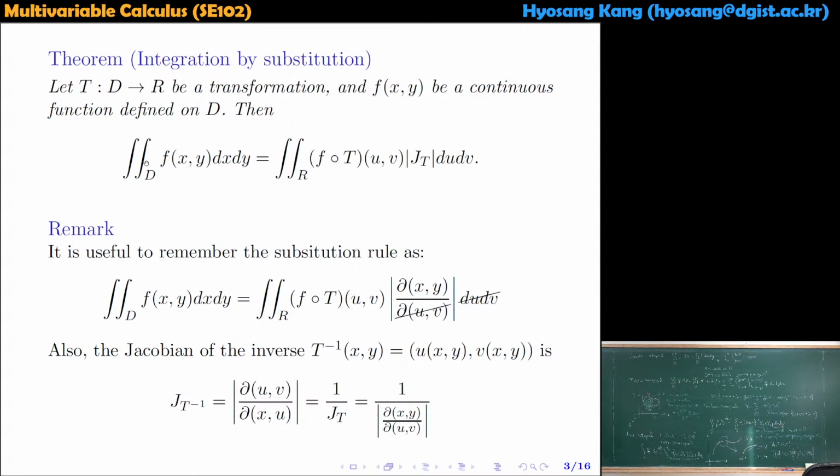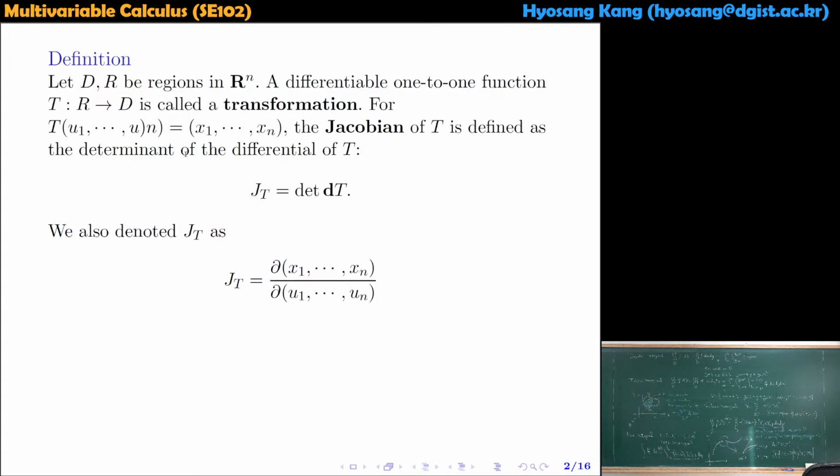We are given an integration over D. Then this integration is equal to the integration over R. Now the R is in the, so yeah, D is in the XY. Okay.